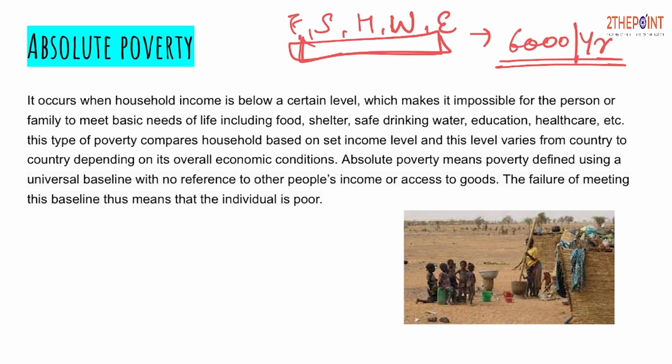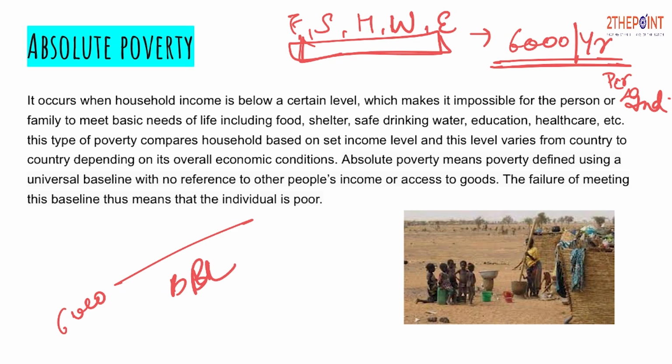So if I decide this as a poverty line, and the 6,000 per year is per individual, then any person spending less than 6,000 a year will be considered as living below the poverty line, and anyone spending above this is definitely not in poverty.